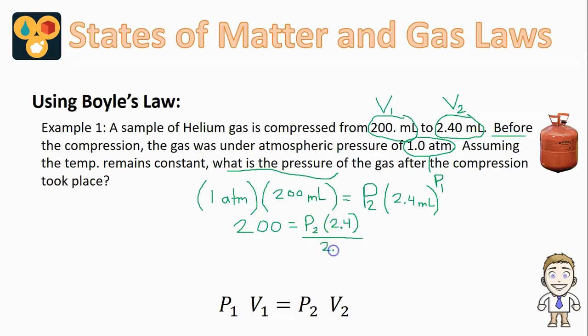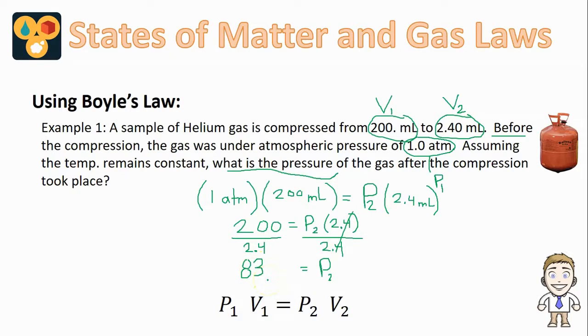If I divided both sides here by 2.4, that'll of course cancel out the 2.4s here and leave me simply with P2 equals whatever this term gives, 200 divided by 2.4, which gives me a final answer of 83.